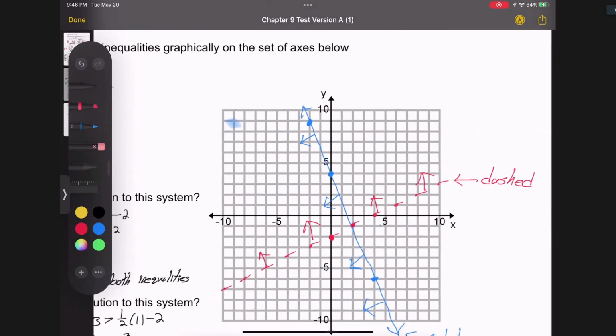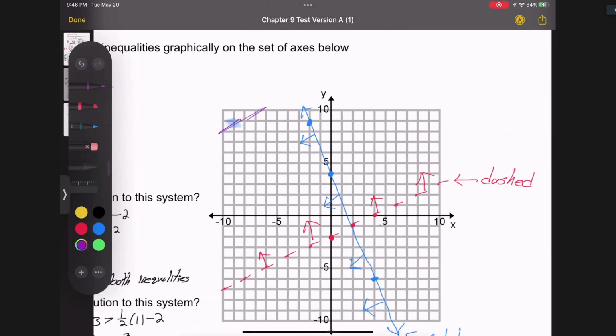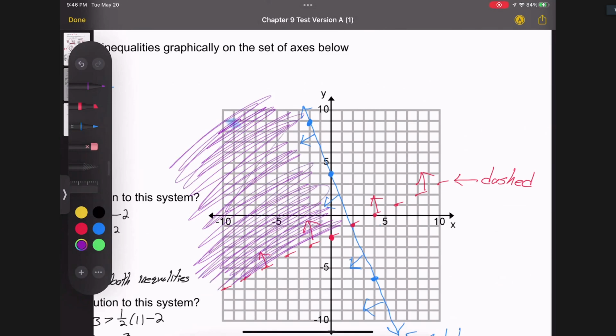So where is the overlap? That section that I did right there. I'm going to use the color purple. So all of this section right here is a solution. If you shaded it anywhere else, that will be incorrect. I apologize for that situation. I know some of you got the actual directions correct, but it's a technicality.